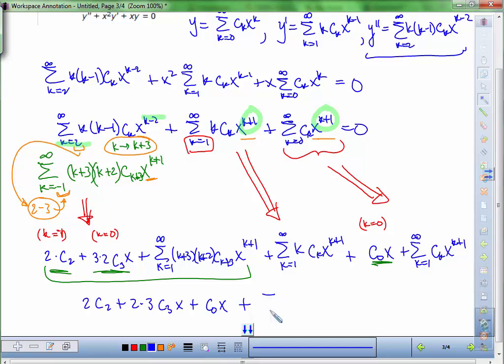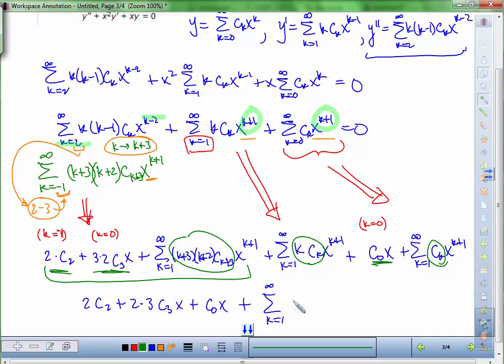Plus, I have a sum of all these terms now that are all like terms, which means I can combine them with the same x to the whatever power, right?